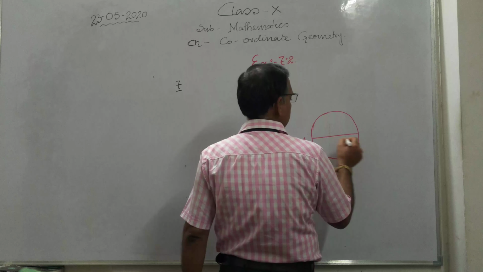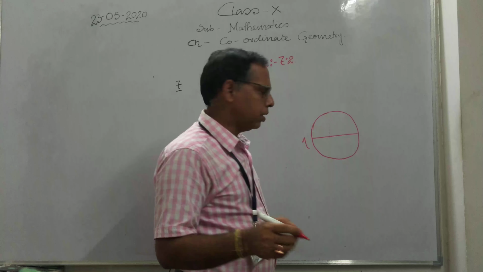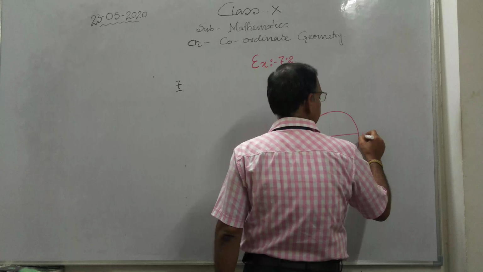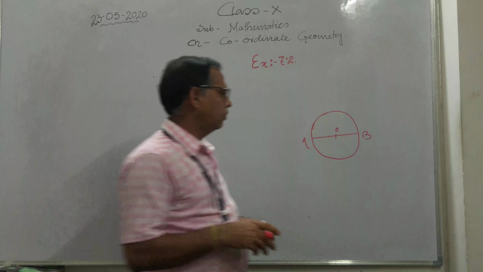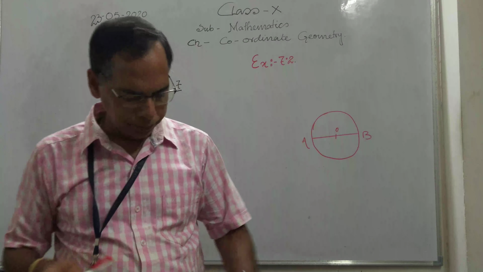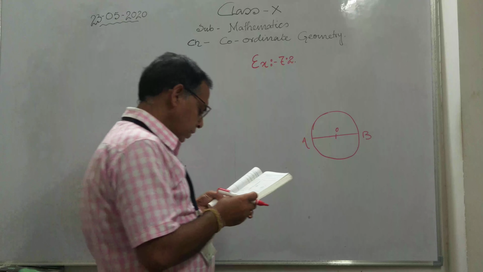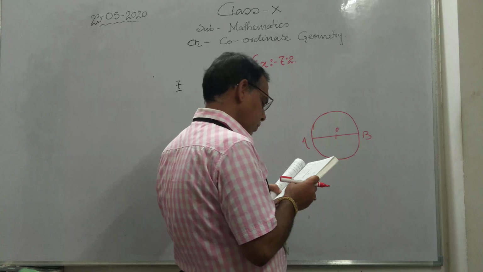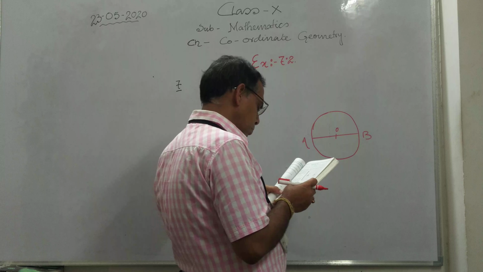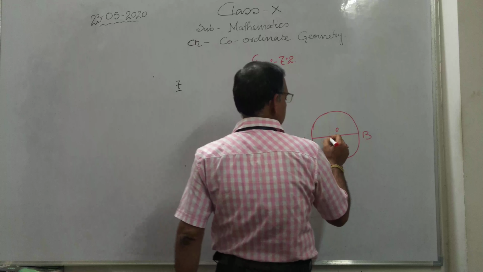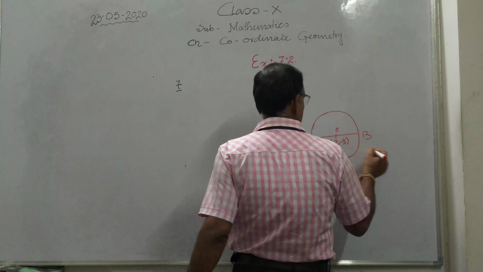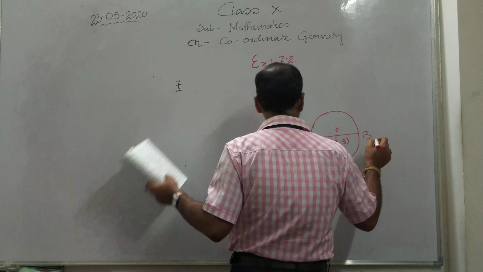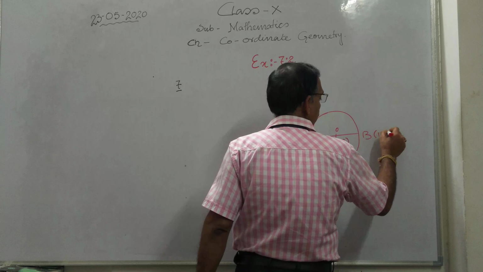This is A. AB is the diameter. And this is the center. Whose center is this and B is this. So center is 2, minus 3, and B is 1, 4.